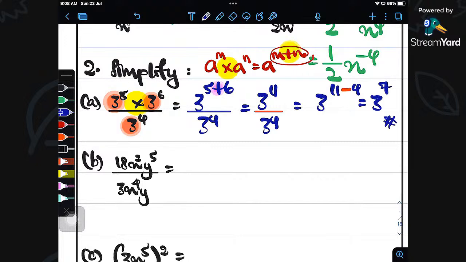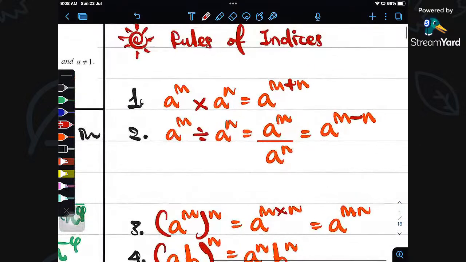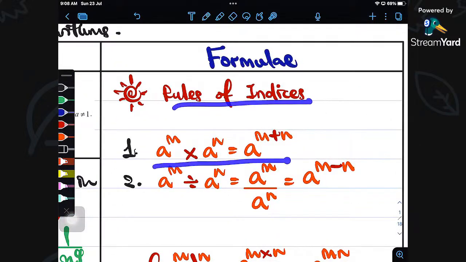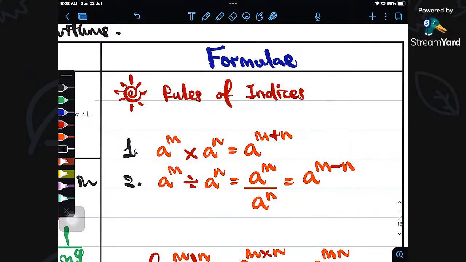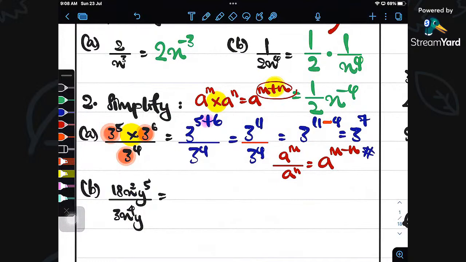So what I'm using here, it is actually a formula of a^m divided with a^n. It's going to give you a^(m minus n). So there is a formula on your right hand side here. This is the formula. So I have already done two formula. I already cover the two formula there. So you can always refer on your right hand side notes there.